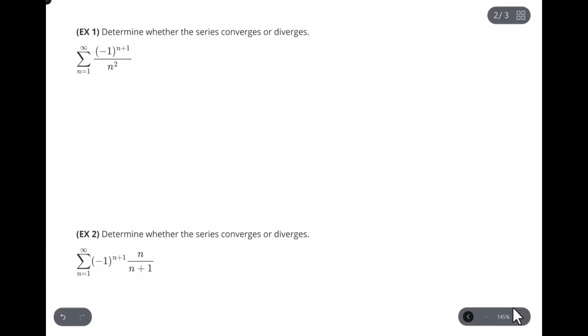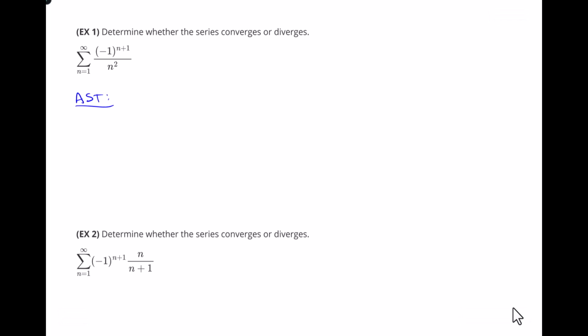All right, so this first example, we want to find out if this series converges or diverges. So it has an alternating term, and the alternating terms are generally very vivid and very easy to see. So once you see that term, it's very much a clue to go for the alternating series test.